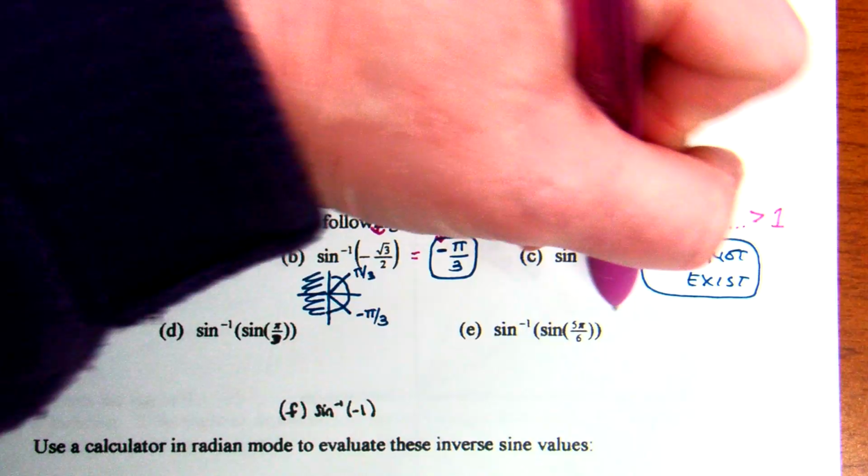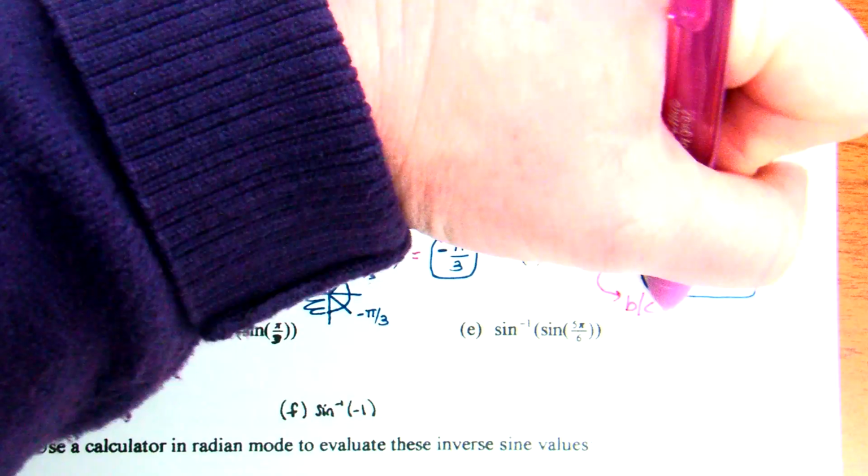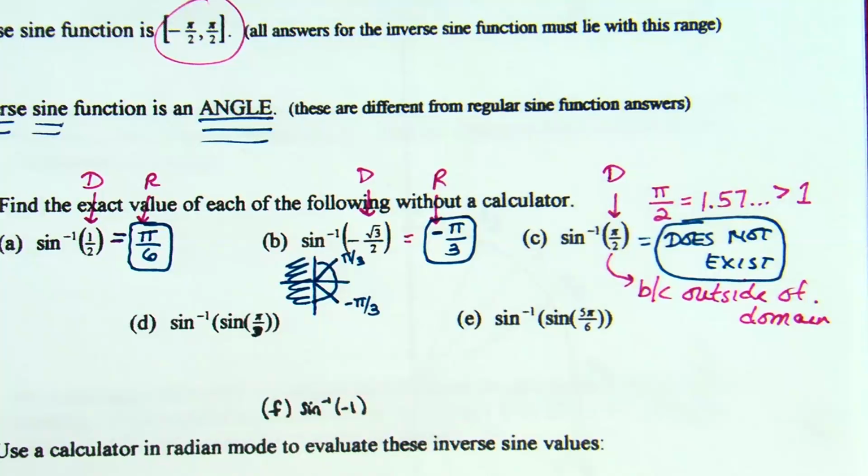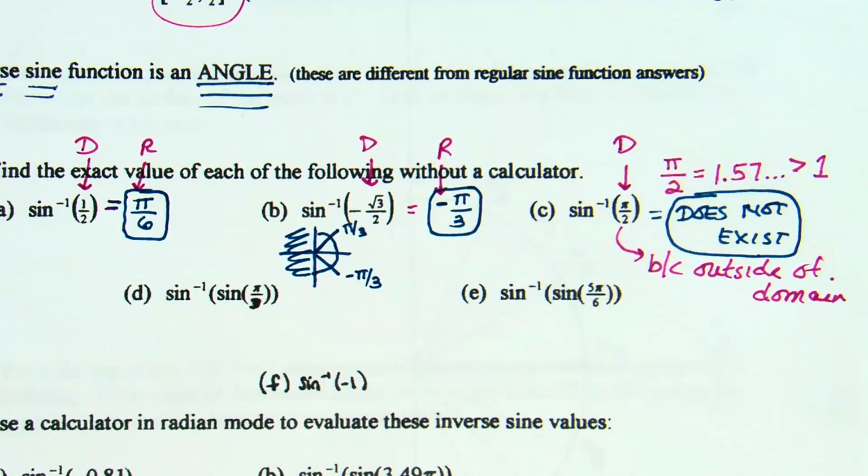Okay, so I will put that down here, because outside of domain. So you have to be very careful there. And needless to say, that is why every stinking problem I've been asking you, check the domain, check the domain. Okay? If you were trying to plug this into your calculator, you would get an error. Okay? And we'll talk about plugging them into the calculator here in a moment.